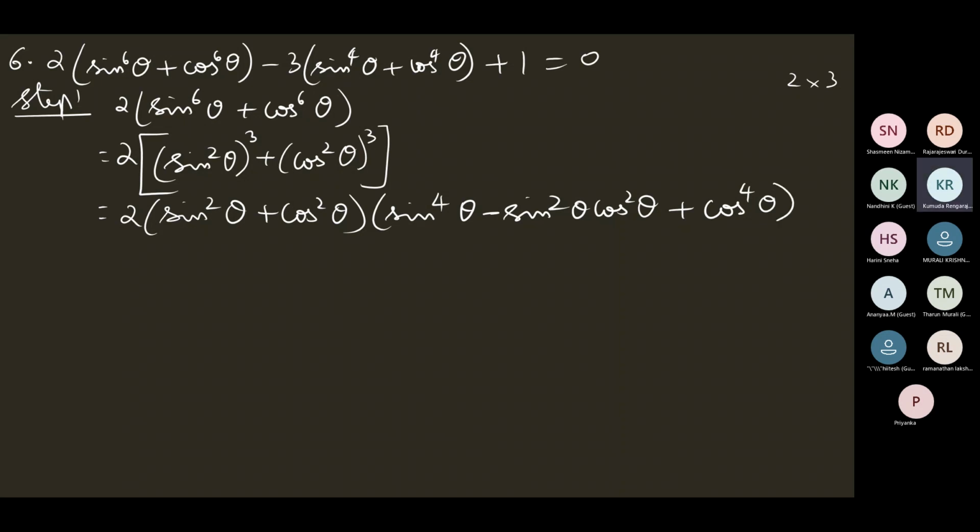So a is sine square theta, b is cos square theta. So a plus b into a square minus ab plus b square.